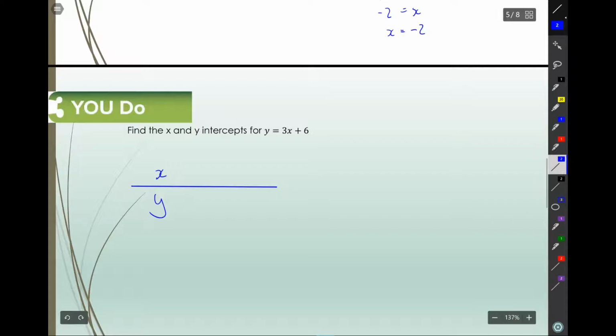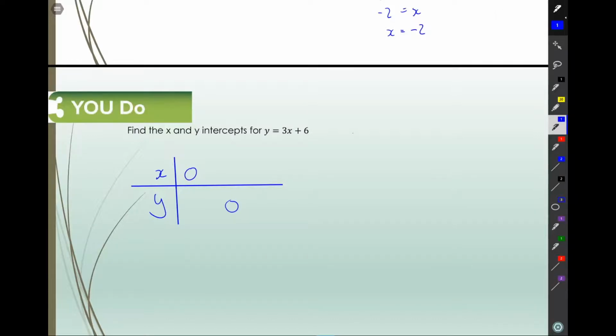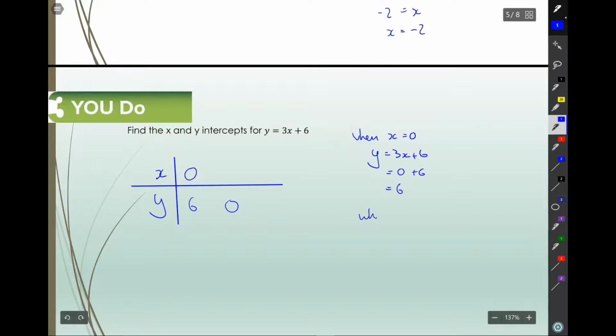Okay, so we create our table of values again. We have a point where x equals 0 and a point where y equals 0. When x equals 0, we just put in 0 here. 3 times 0 is 0. So y equals 6. Fairly straightforward.